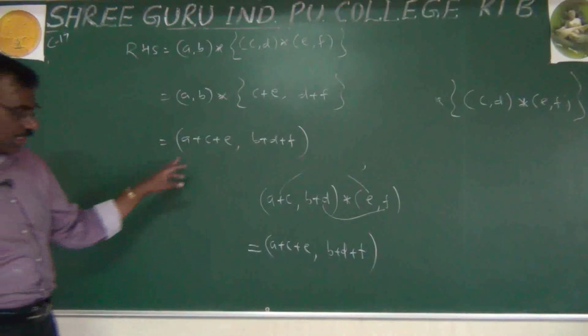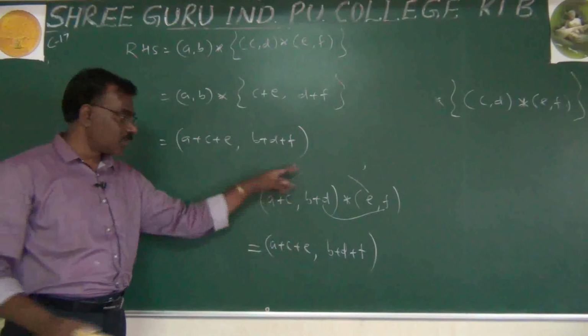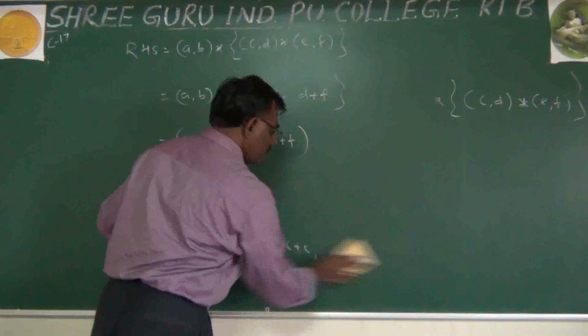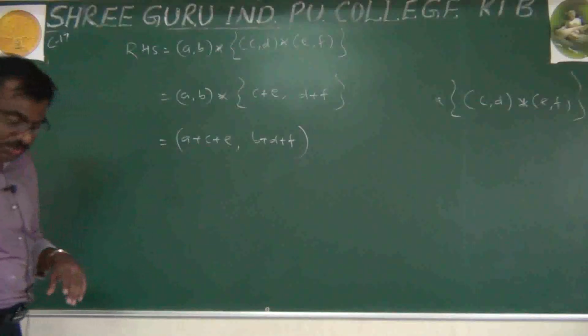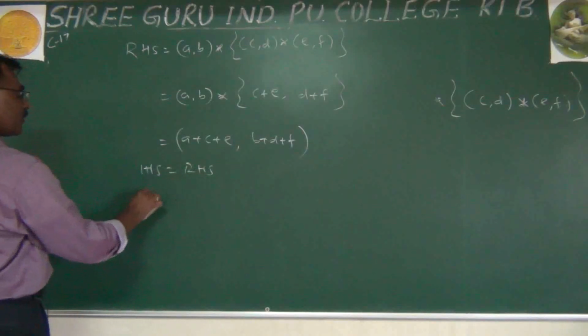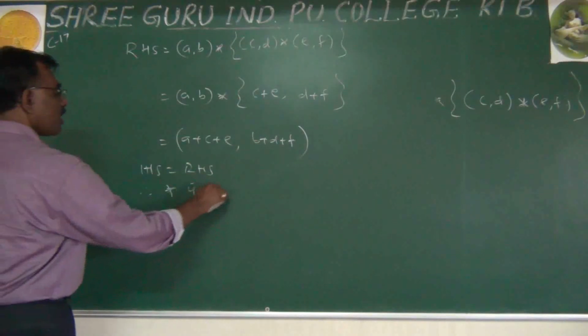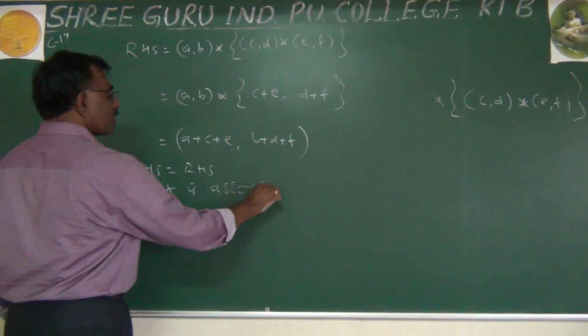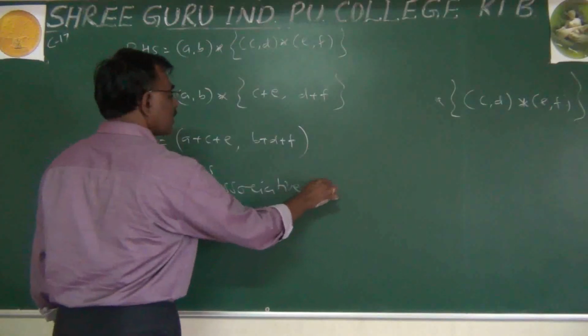So you see the method is the same, and both are equal. So LHS equal to RHS, therefore star is associative.